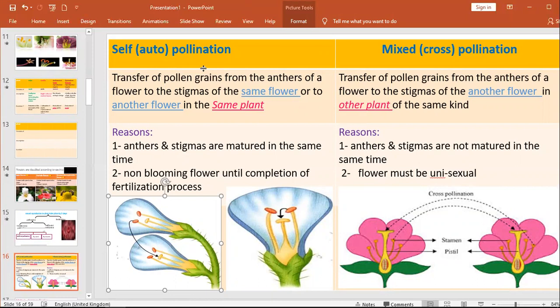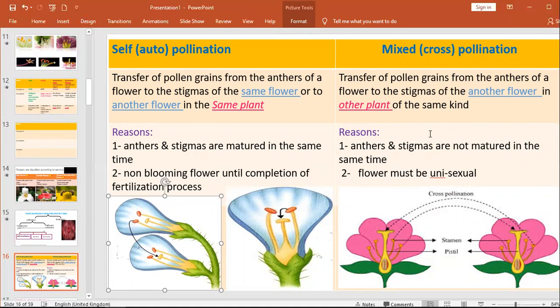So it's called self-pollination. But mixed pollination, or cross-pollination, is the transfer from one plant to another plant of its kind, from the anther of the first plant to the stigma of another plant, and vice versa, from plant to another plant in another stem, but in all of them the same kind. So it's mixed pollination.